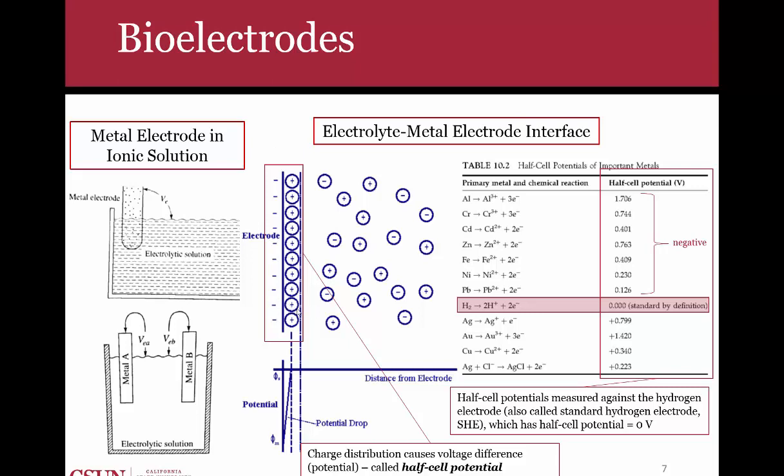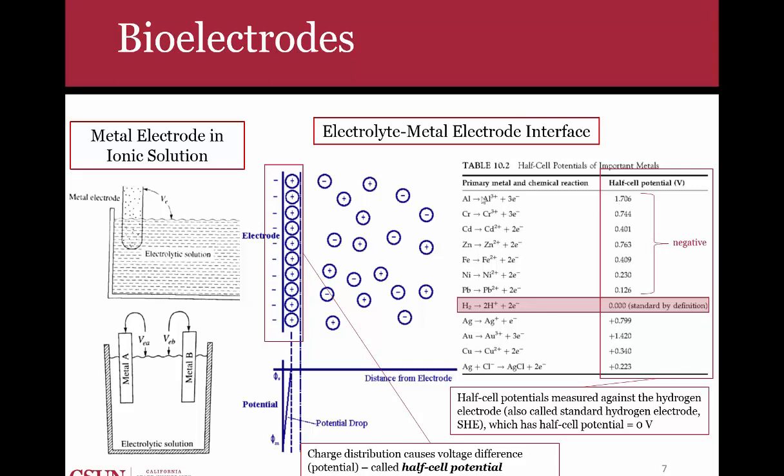So effectively you have this kind of capacitor-looking thing at the interface of this device. So why is it important? Because it creates a voltage difference across the metal and the electrolyte. And depending on the electrolyte, how many ions you have, and also the type of metal you have, that voltage difference can change.